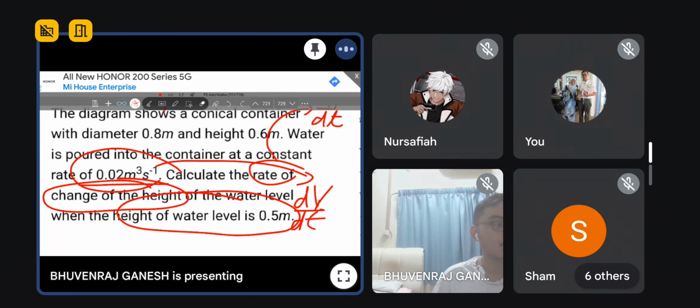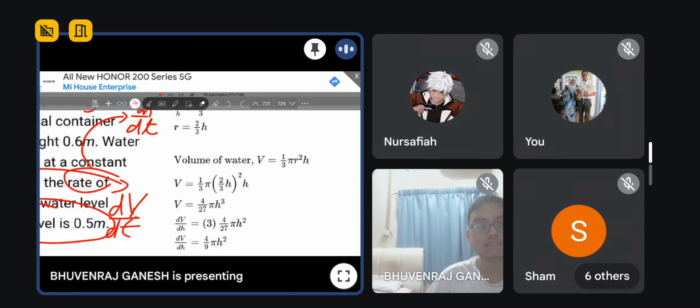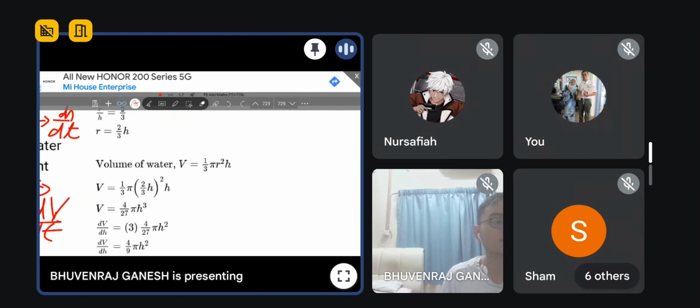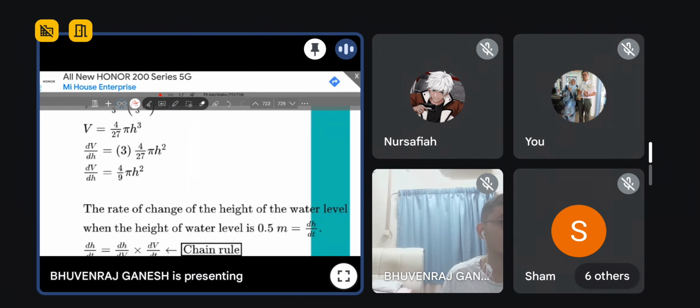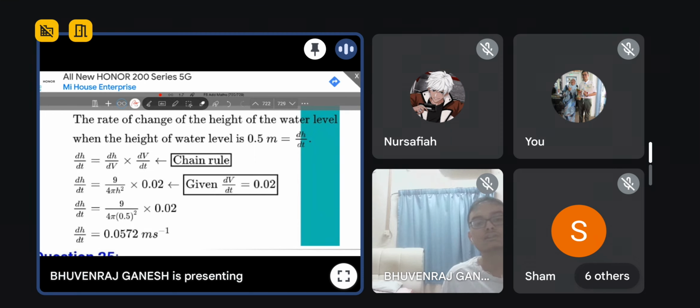Question is cari dH/dt. Okay, so now we can use the chain rule. Petua rantai. Okay, this one is the same thing. So we use chain rule, petua rantai, as just now I show you all this one. So H value, you substitute with 0.5.